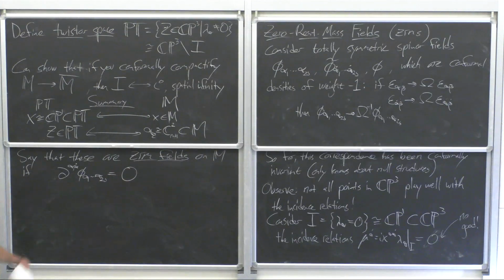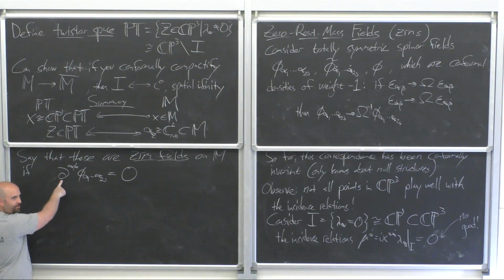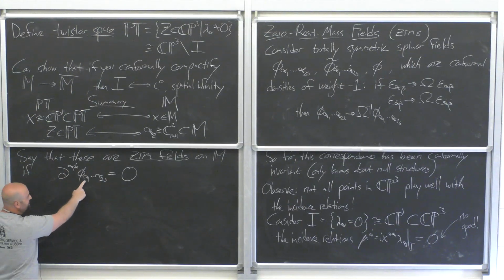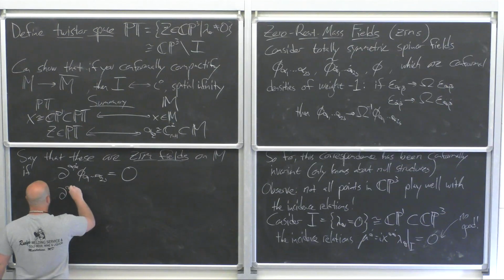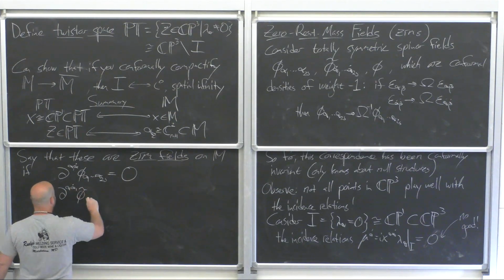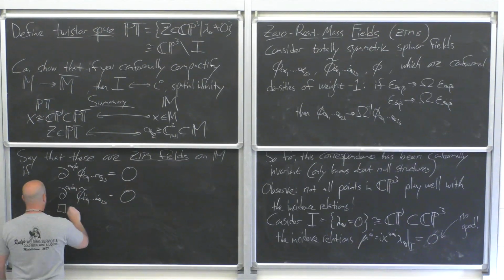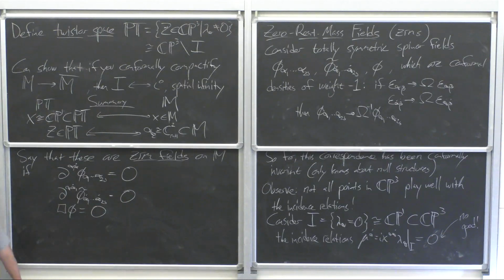If I have one of these symmetric conformal weight minus 1 spinor fields with no dotted indices, I take one partial derivative and I contract on the undotted spinor indices and I set that equal to 0. If it's the other chirality, I just do the same thing but on the dotted indices. And if it's spin 0, I just take the wave operator. So obviously, spin 0 zero rest mass field is just code for free massless scalar, right, on Minkowski space. But these things are something a little more gnarly looking.